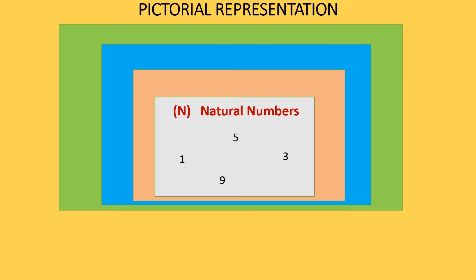Now, in these natural numbers, if I add 0, then the new collection will be called whole numbers. That means whole numbers are the collection of natural numbers and 0. Now, in this collection, if I add negative numbers also, like -5, -8, -1, -3, then the new collection is called integers.